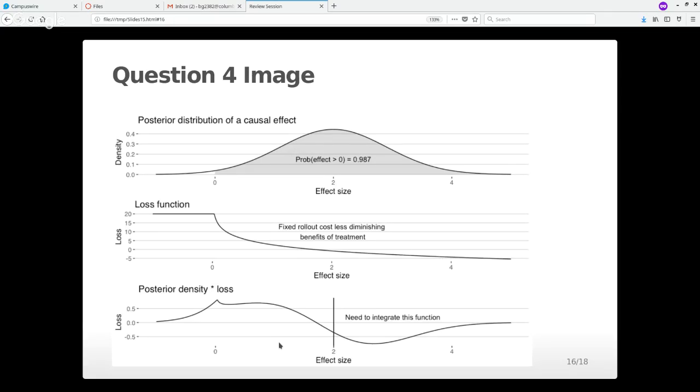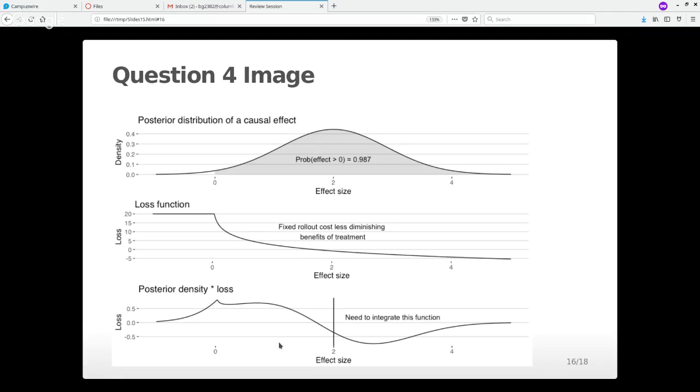Since this is in terms of a loss function, positive loss is bad and negative loss is good. So we have more positive weight than negative, which would conclude we should not do this, even though we're almost certain it's going to have a positive effect.